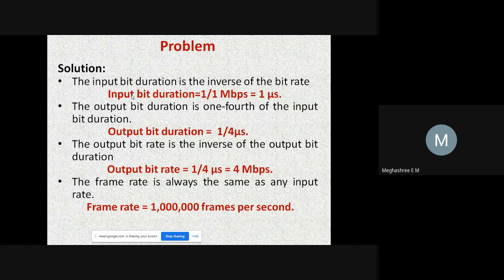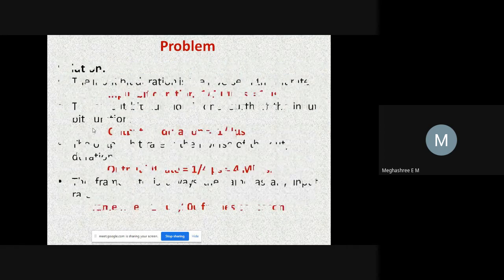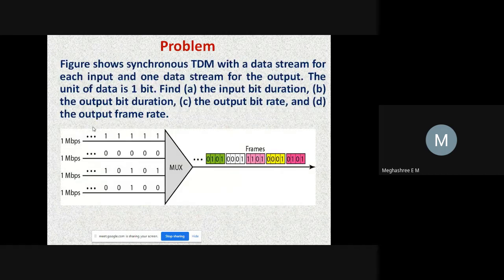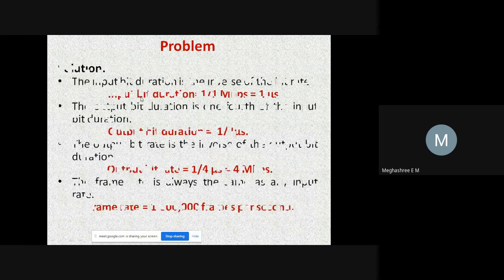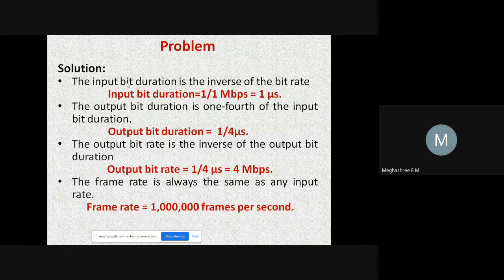It is given here: 1 Mbps for each connection. I'm just substituting that. Input bit duration is nothing but the inverse of the bit rate, so you consider 1 divided by 1 Mbps. That comes to 1 microsecond.